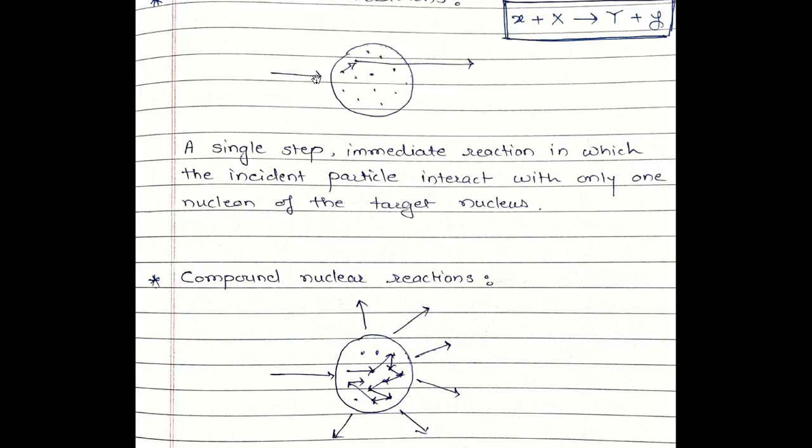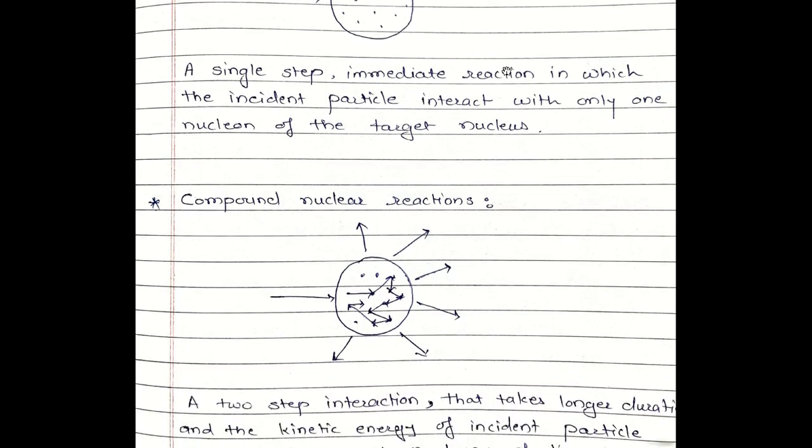Forward momentum of this X remains the same even if it interacts with the nucleon inside the target nucleus. Forward momentum will remain the same. Means whatever particles we will get in the product, they are mainly focused in the forward direction.